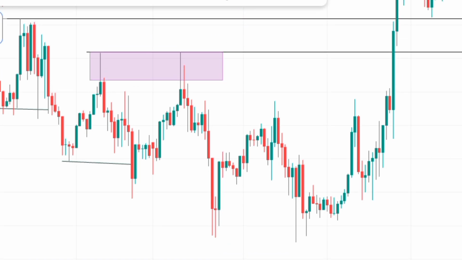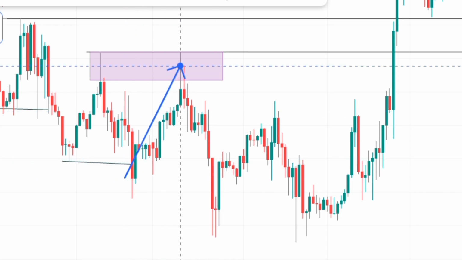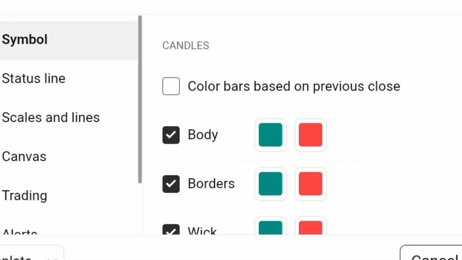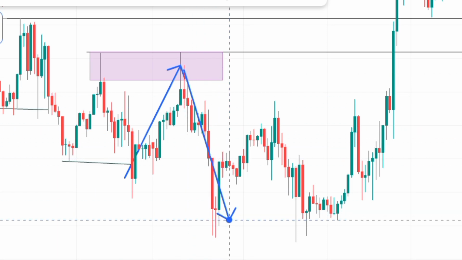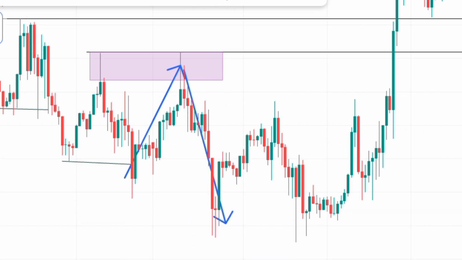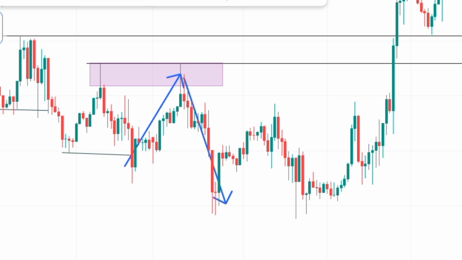So there is that order block. Of course, you can see when the market came back to your order block, you can see the reaction it made. It just sold massively from right there. Okay, so it just sold massively. You can see that when it tapped your order block, you can see the move that it made right there. Okay, so this is the best strategy that you can actually use to trade consistently.